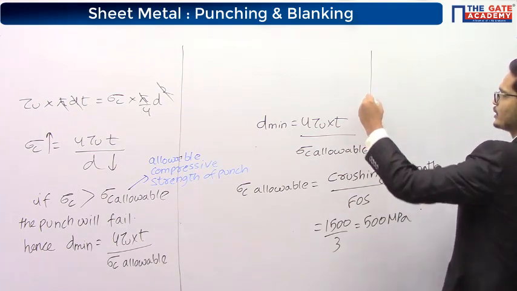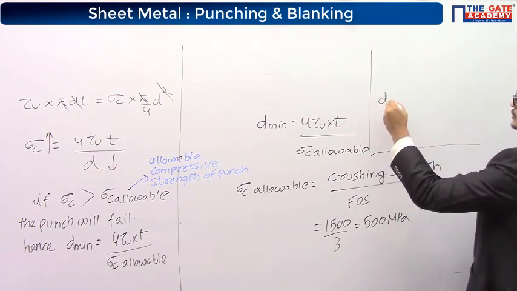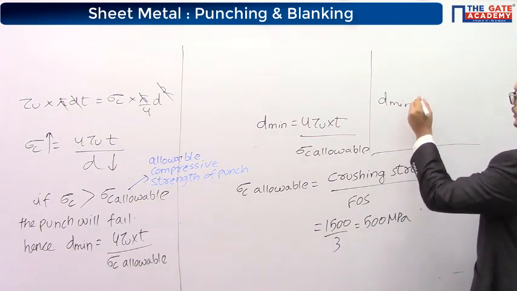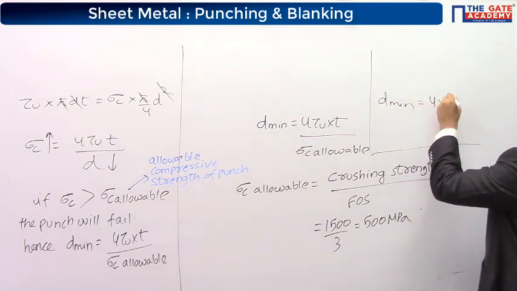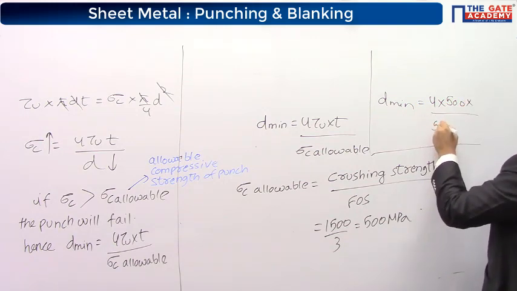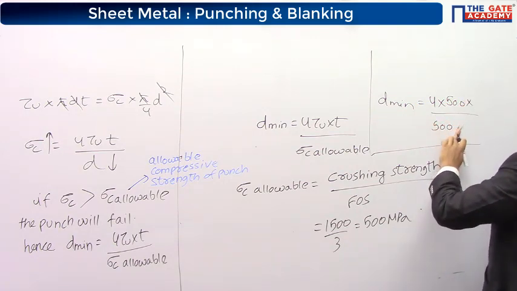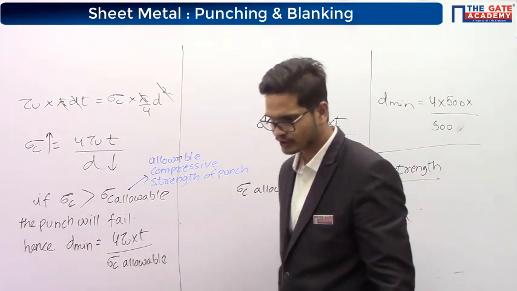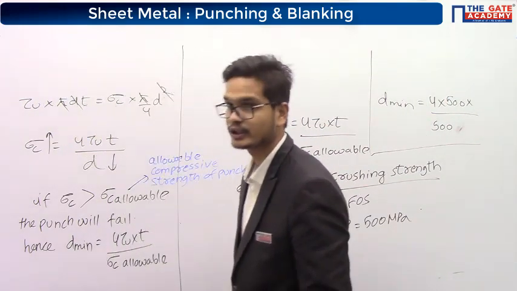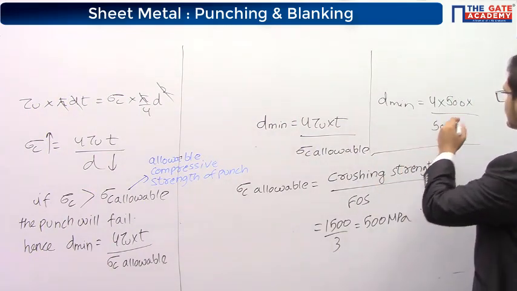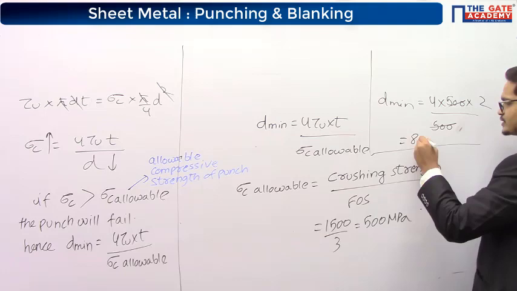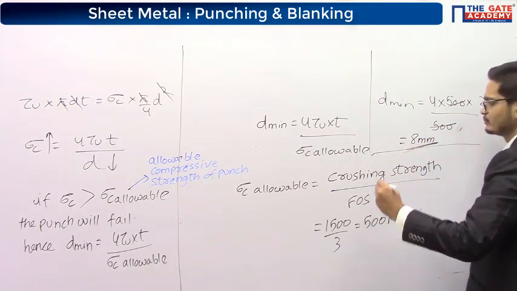So D minimum becomes, the shear strength is already given as 500. D minimum is 4 into 500 by 500. In the numerator I need the thickness also. The thickness is 2 mm. 500 gets cancelled. The final answer is 8 mm.